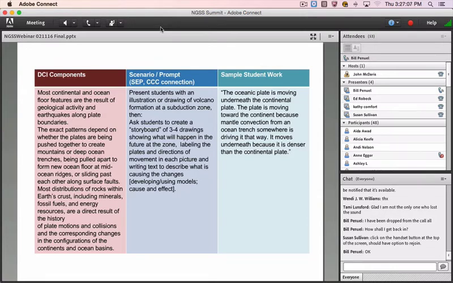By creating a little set of tables like this, it allows us to peer review and critique one another's assessment before we actually go and build the task. So this is something we use as a pre-task to really understand what kinds of tasks we need, what kinds of student work we need to elicit in relation to what bundles or combination of components of disciplinary core ideas.